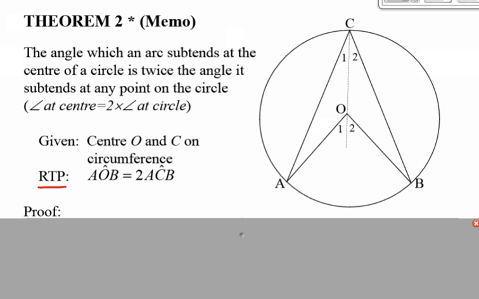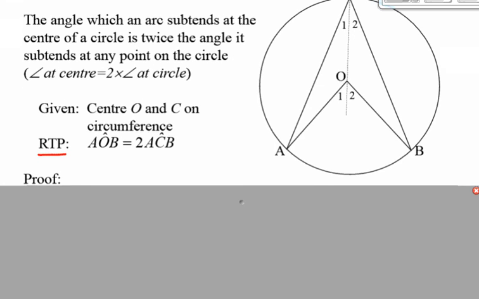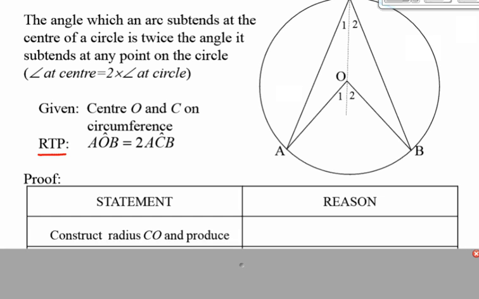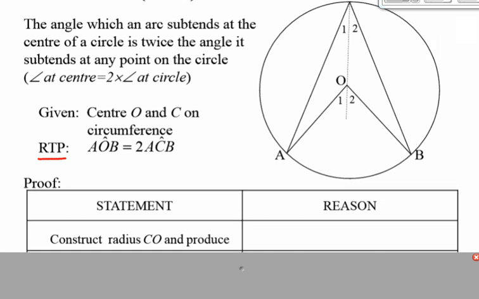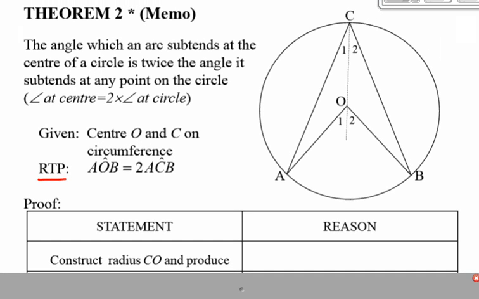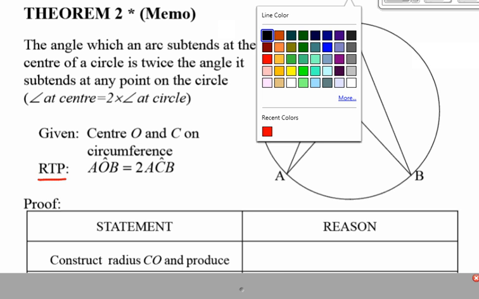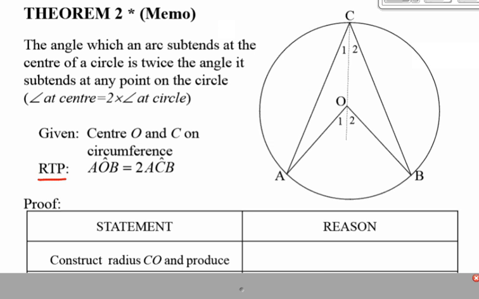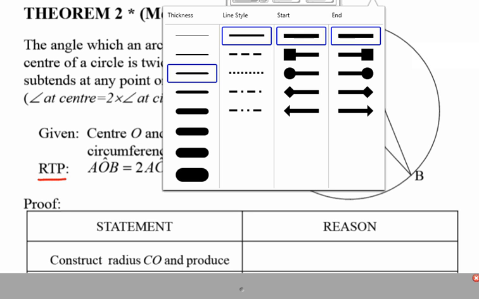Right, so let's see how that proof would look. As with many of our proofs, we need to start with a construction. So we're going to construct radius CO. Let me do that with a dotted line here.